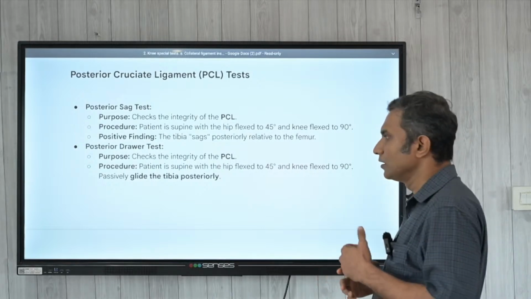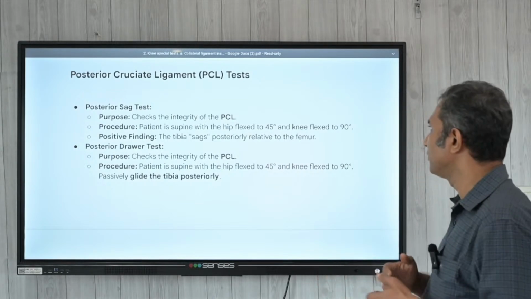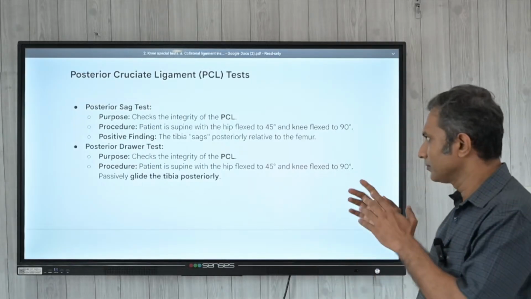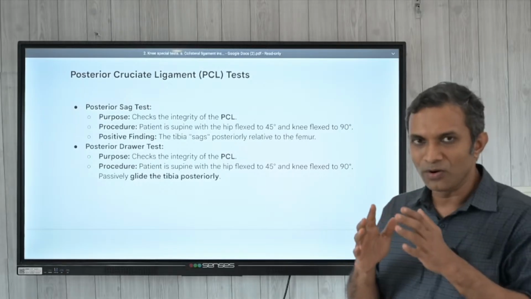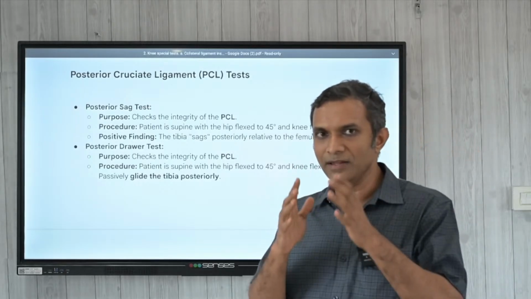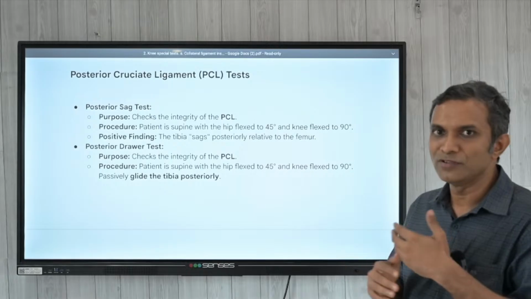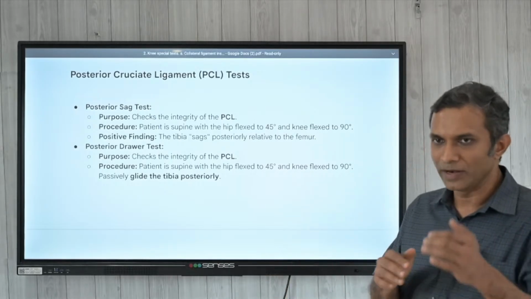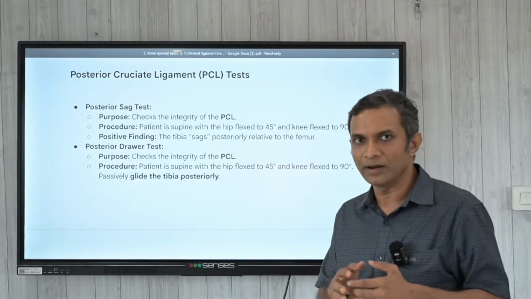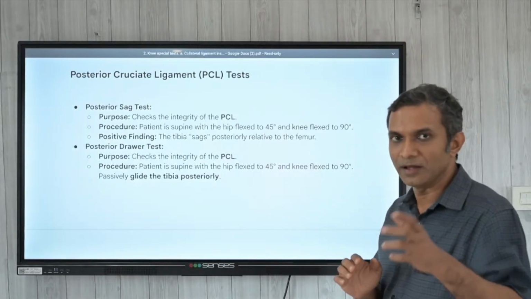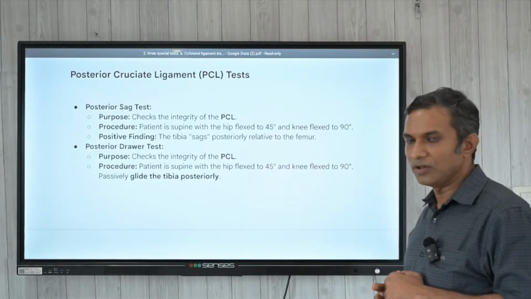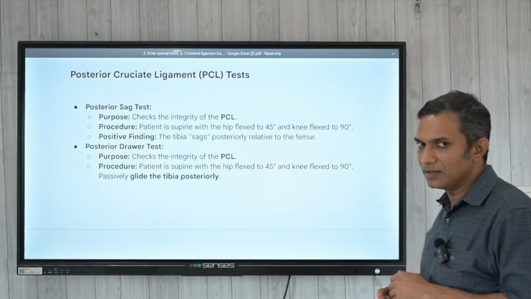Here the patient is in supine, the hip is flexed to 45 degrees and the knee is flexed to 90 degrees. As I said, these specific degrees are very, very important, because sometimes you will get the special test correct but get the degrees wrong. So whenever we learn a special test, we need to be aware of the degrees at which we execute it. In the sag test, the hip is flexed to 45 degrees and the knee to 90 degrees.